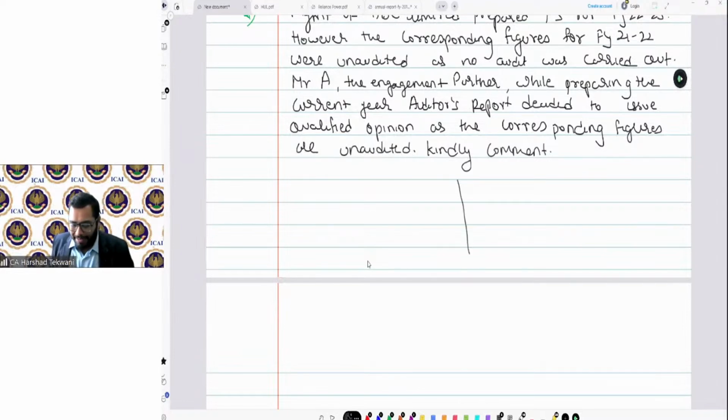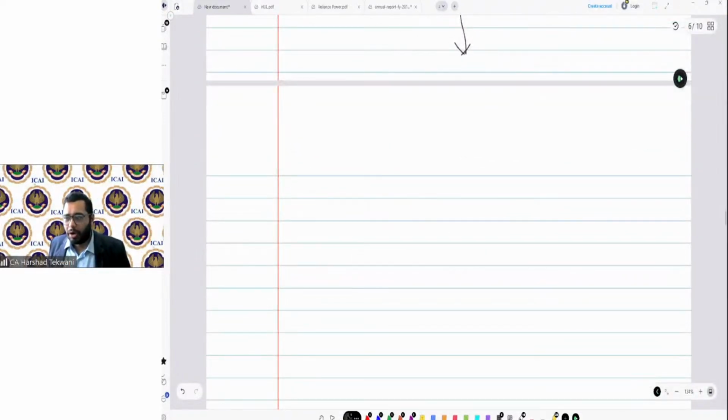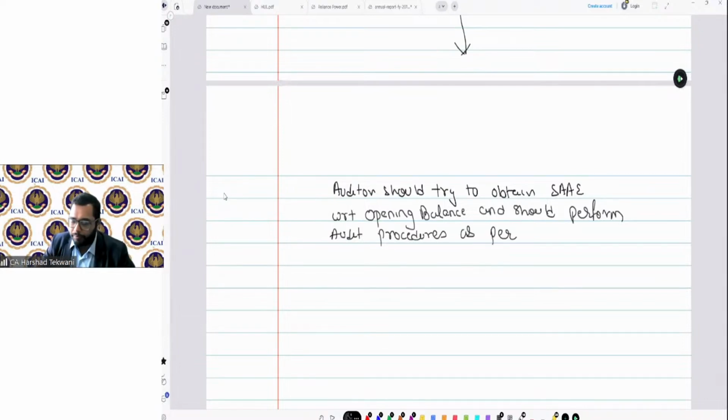In the current case, instead of issuing a modified opinion, that is a qualified opinion, what the auditor should do, number one, is try to obtain sufficient and appropriate audit evidence with respect to opening balances and perform audit procedures as per SA 501.